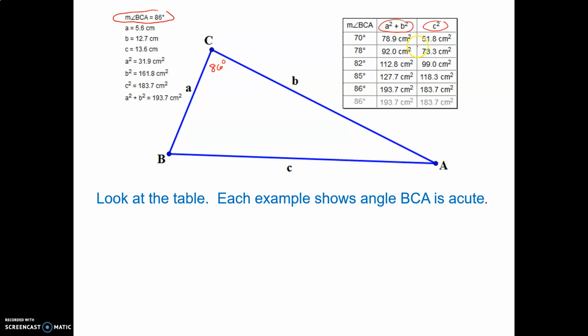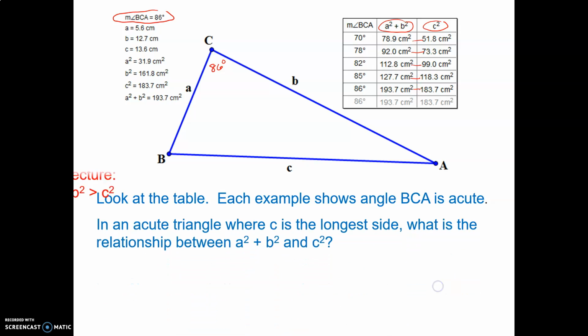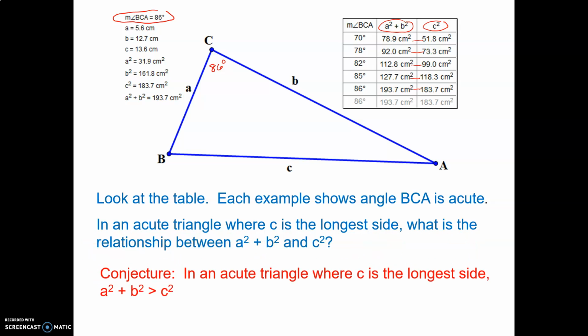My A squared plus B squared is always greater than the C squared. So this comes to another conjecture which follows the last one you put on the list. In an acute triangle where C is the longest side, A squared plus B squared is greater than C squared.